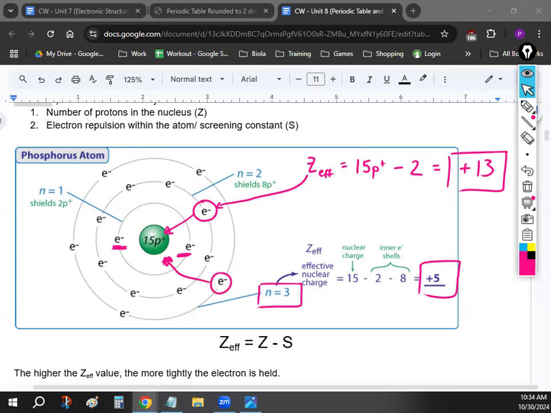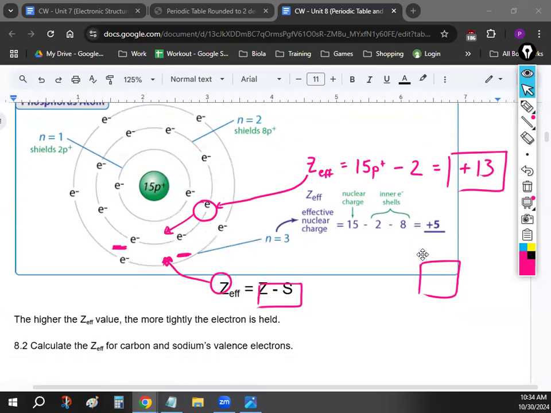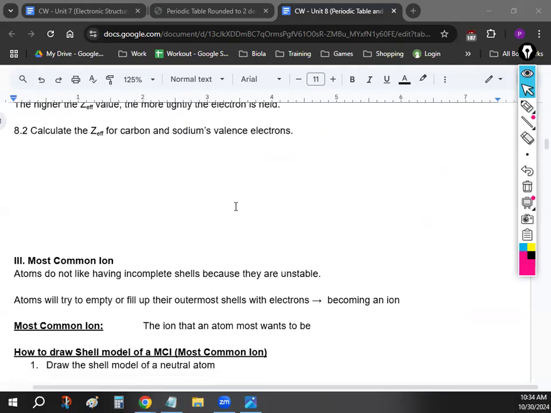All right. Let's do one real quick. Or I'll have you guys do a sample problem, and then we'll move on to the next one. Okay, so I want you guys to calculate the Zeff for carbon and sodium's valence electron. So this is two separate ones, okay?